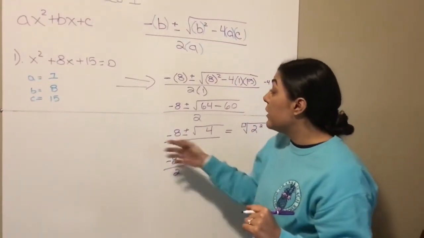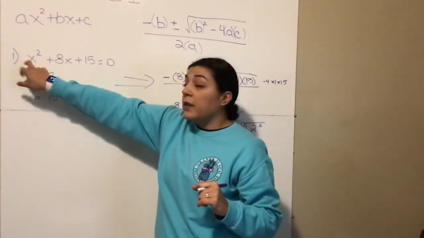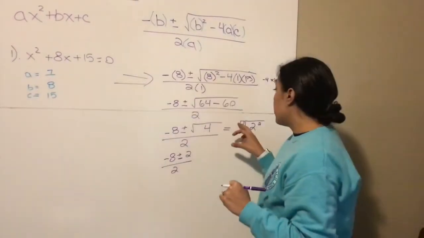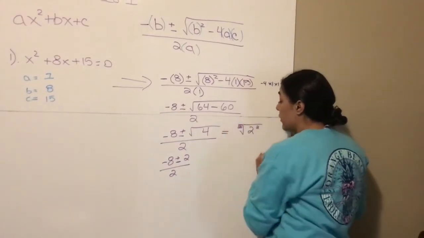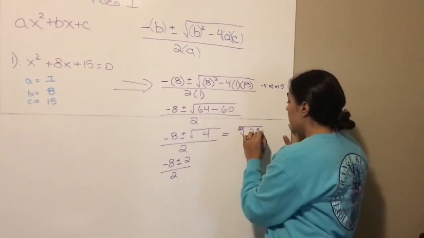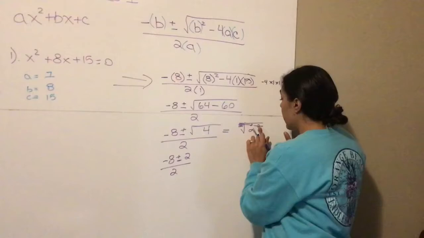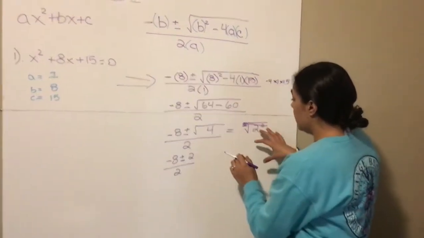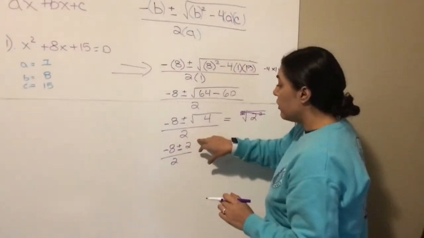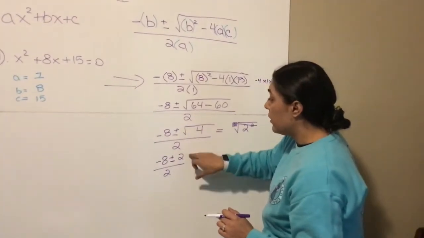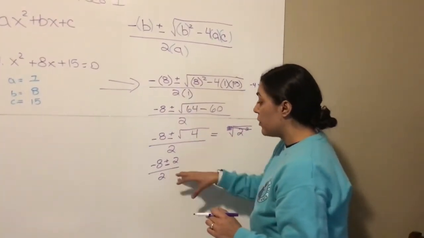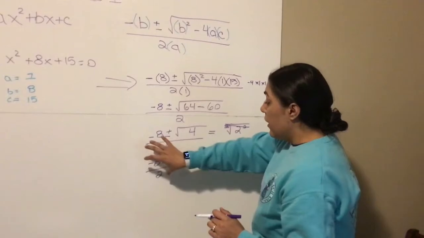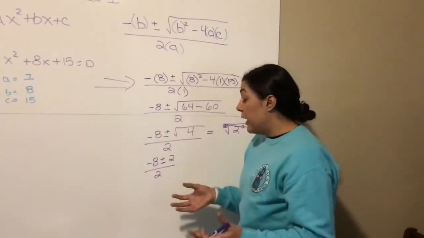Over here, if there's nothing there, it's always a 1. But with a square root, we know that the number is 2. And these all cancel, so this 2 cancels this 2, and it cancels this little house, so you're just left with 2. Make sure that you don't put the square root down here because we've already done that operation. So now we've got it as simplified as we possibly can as of right now.